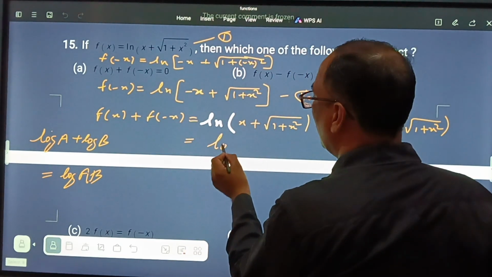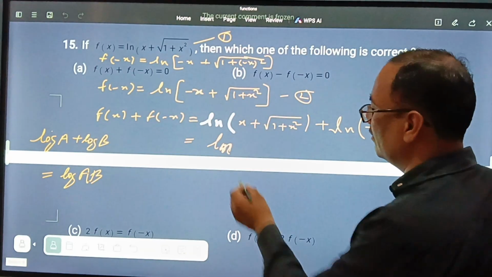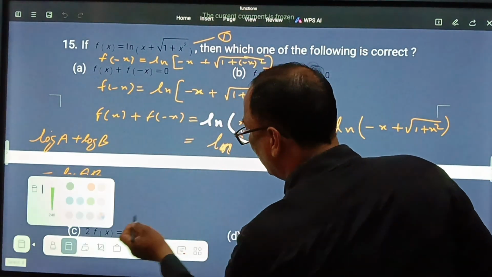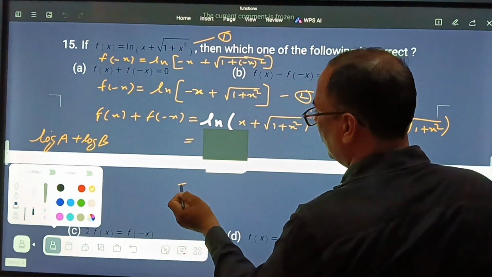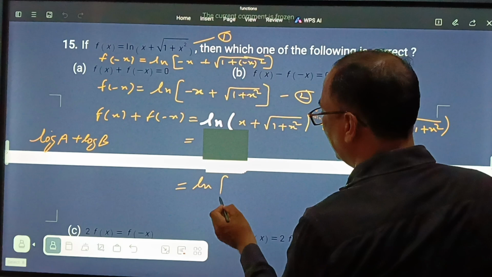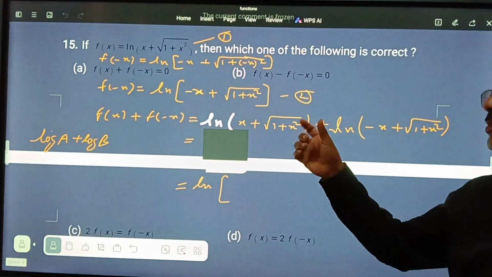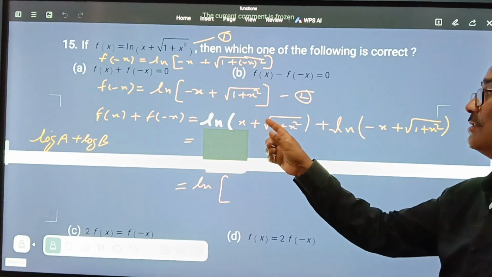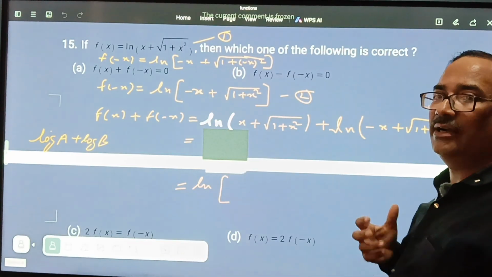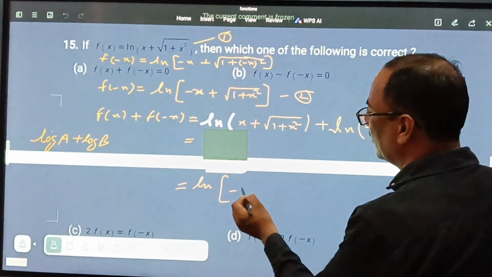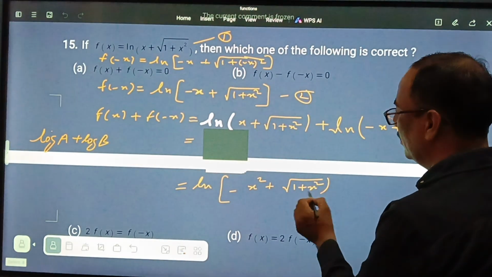This is ln, that is log to the base e, of a into b. See here properly, this is a plus b and this is a minus b. So using the identity a square minus b square, what do we get? Square root 1 plus x square whole square minus x square.